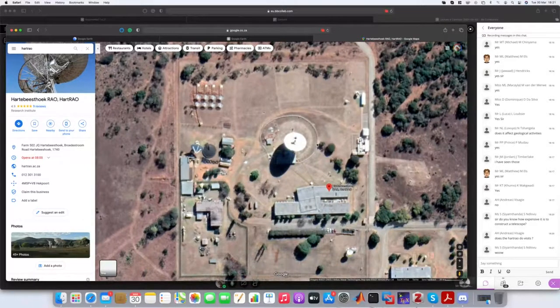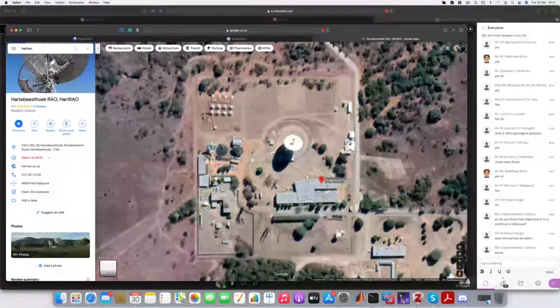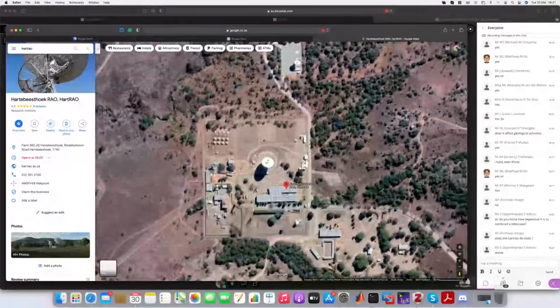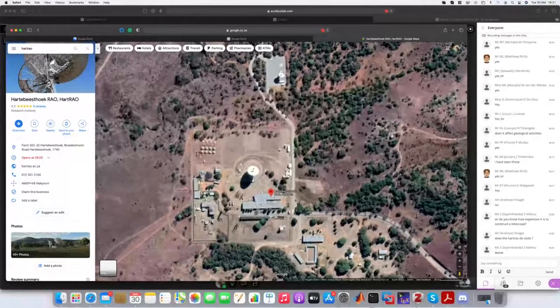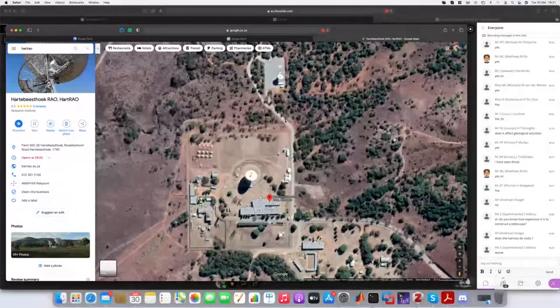And for this entire observatory, I think, if I'm correct, our operational costs are 40 million rand a year, and that excludes research costs.